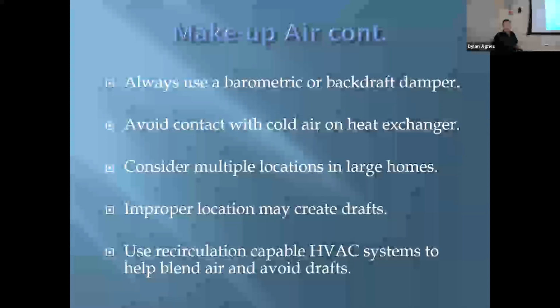And then obviously, if we don't do it right, we can create drafts. And this is the biggest complaint we get from customers, especially on kitchen range hoods. If you have a 10-inch pipe going out of your range hood, then typically you need a 10-inch coming in.